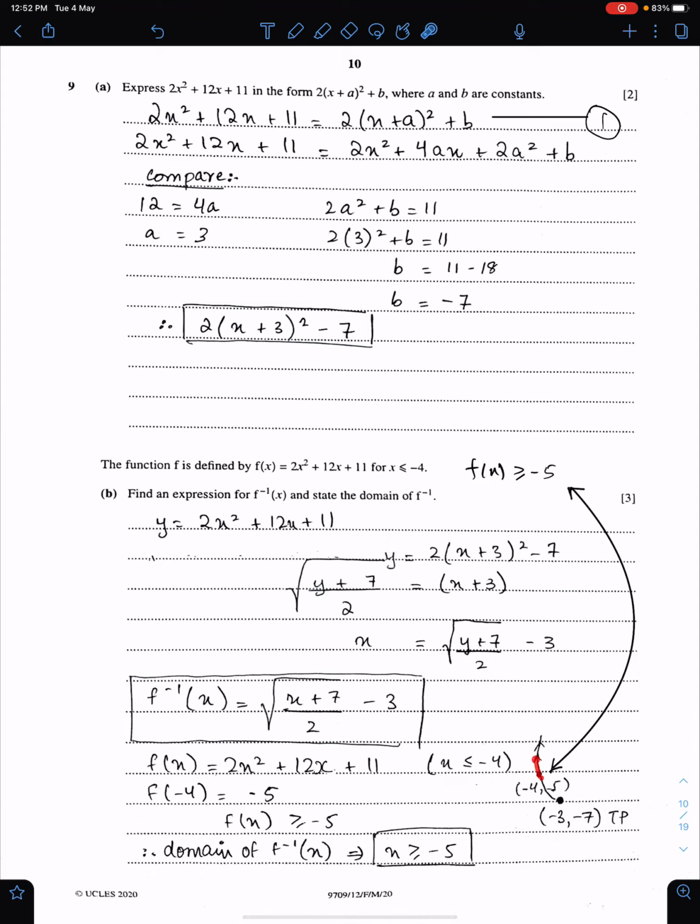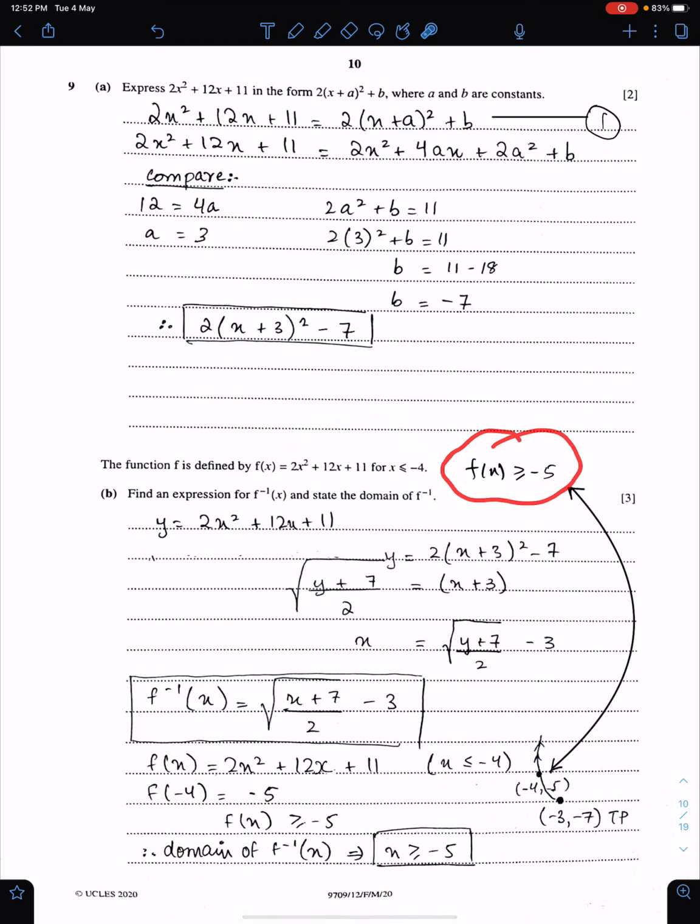According to this sketch, the function is increasing from minus 5. So the range of this function with respect to this domain is f of x greater than or equal to minus 5. This will help you to write the domain of f inverse.